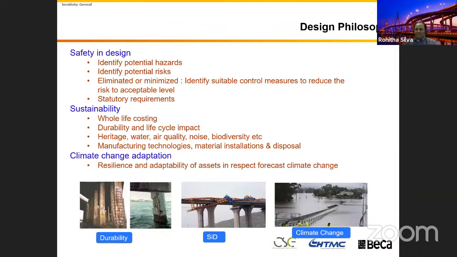I think especially the road authorities have to develop their own checklist to make sure that designers and contractors address this, and whether your intent has been achieved or not, because that is very important.